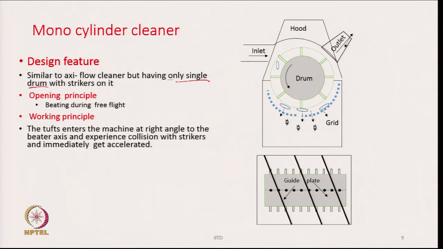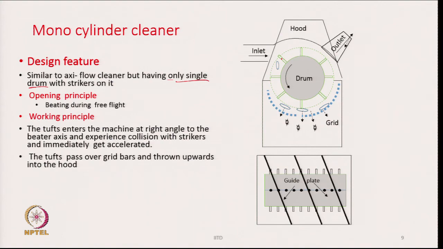Working principle: the tufts enter the machine at right angle to the beater axis and experience collision with the strikers and immediately get accelerated. As soon as they enter, these tufts will be caught by the striking elements of the drum and made to follow a circular path.